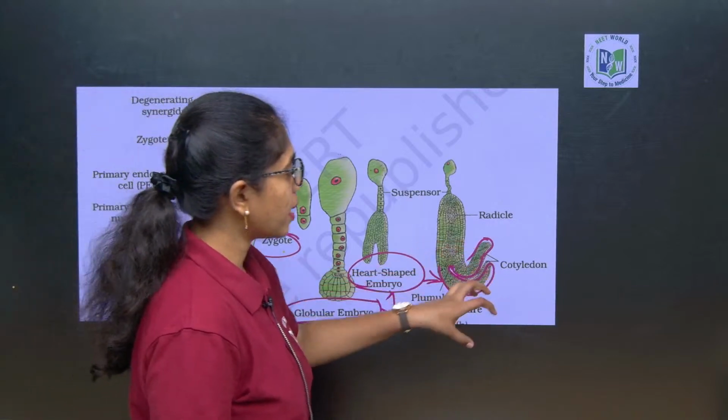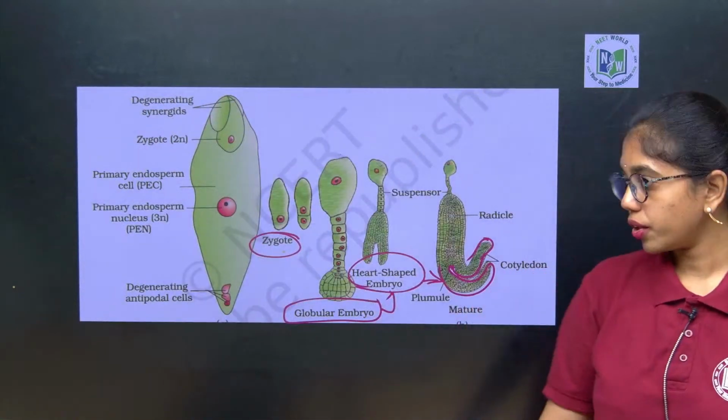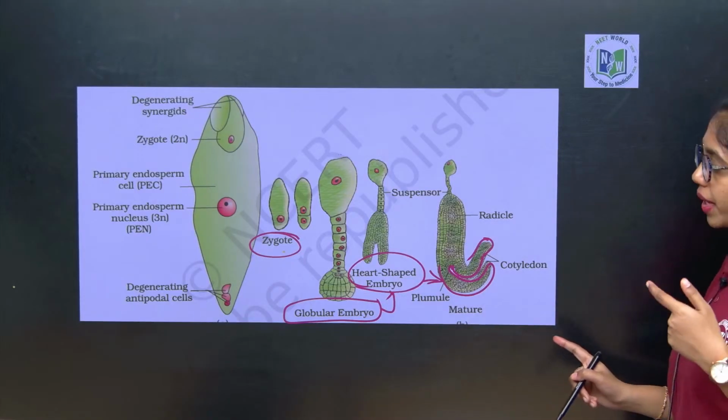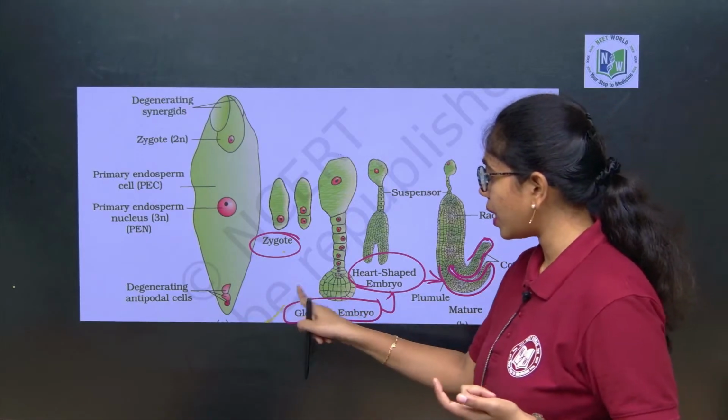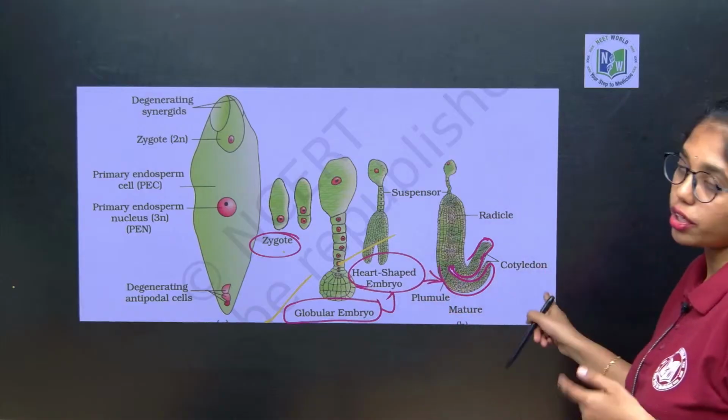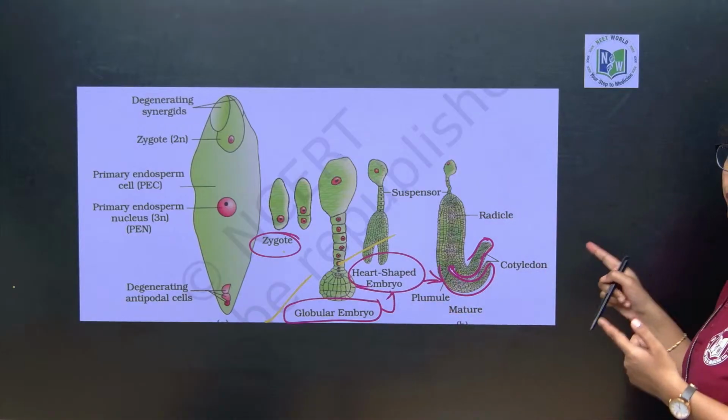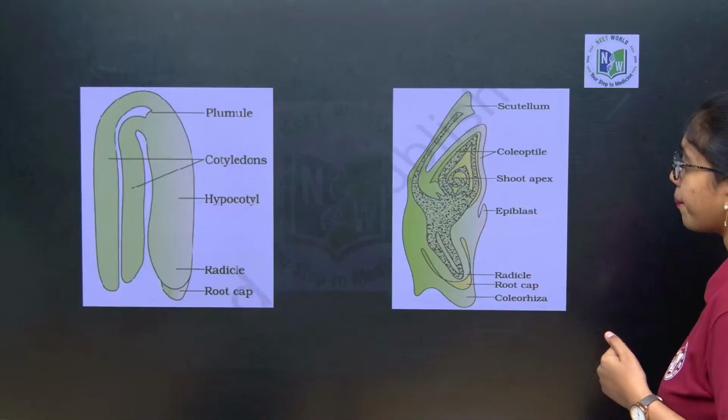Complete cotyledonary structure, dicot structure, you can see it over here. So what is the first embryo stage? Globular embryo, followed by heart shaped embryo, then you can see a mature embryo with 2 cotyledons.